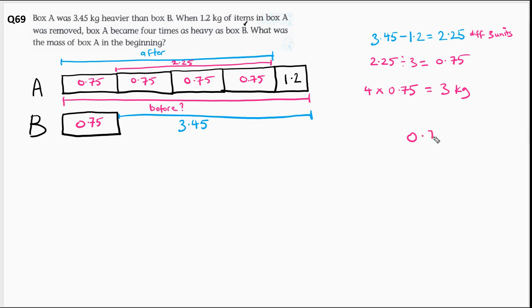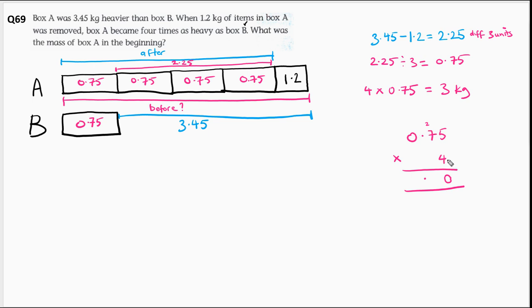So 0.75, we're going to multiply that by 4. It doesn't matter that the 4's in that column. I'm going to put my decimal point in my answer. So what's 4 times 5? Well, that is 20. So I'm going to put a 0 there and carry that 2 up here. If your teacher tells you to put it somewhere else, you do what your teacher tells you.